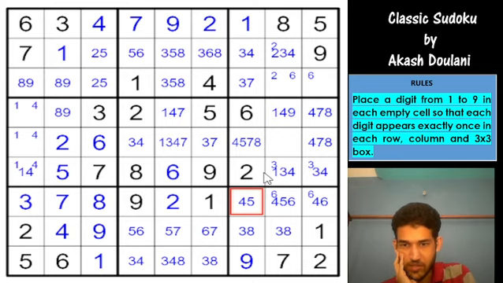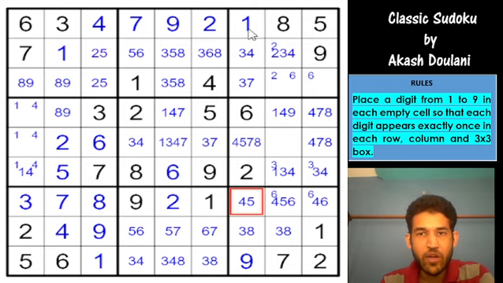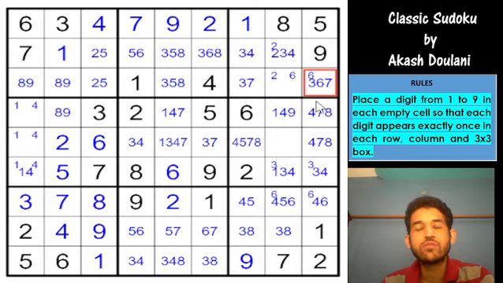Seems to be something at this point. Okay, so I have 1 5 8 9 here and 2 and 4 here, which means this cell can only be 3 6 and 7.